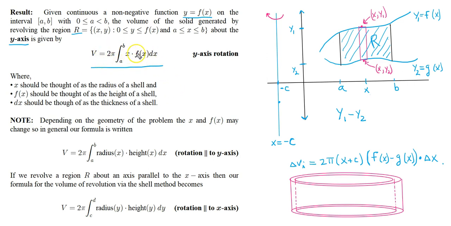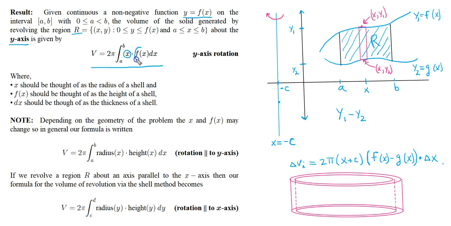Now, when you look at this formula, you should realize in the development of it that the x represents the radius of a small shell generated by rotating a rectangle around the y-axis. So this represents the radius of a shell. We saw that in the development of this formula.